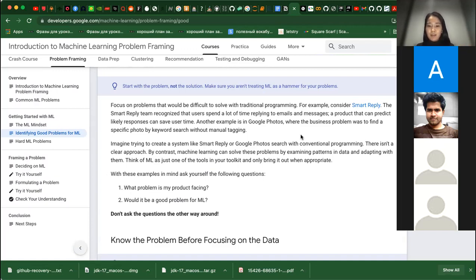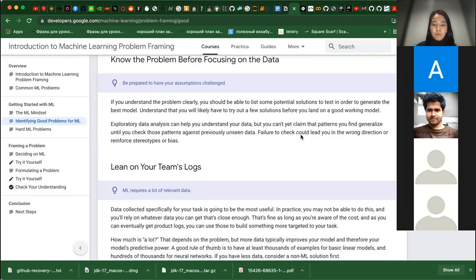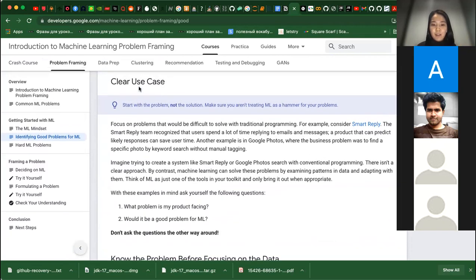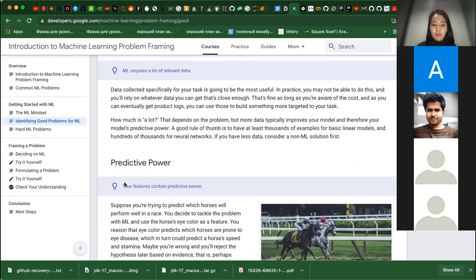Maybe you know that in Google Photos, your photos are classified by what you took a photo of. Then after you define the problem, what else do you need to keep in mind? I want to give you a hint that the main message is written in these purple boxes here.